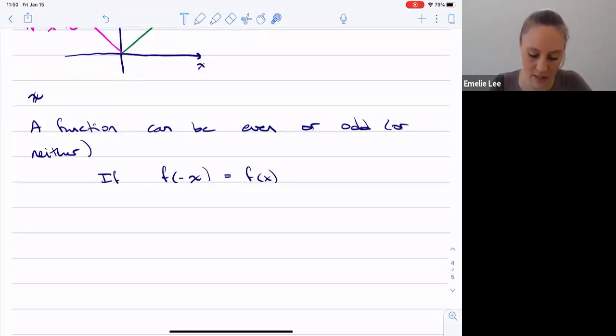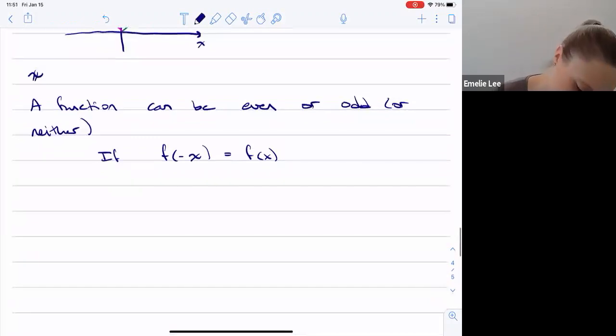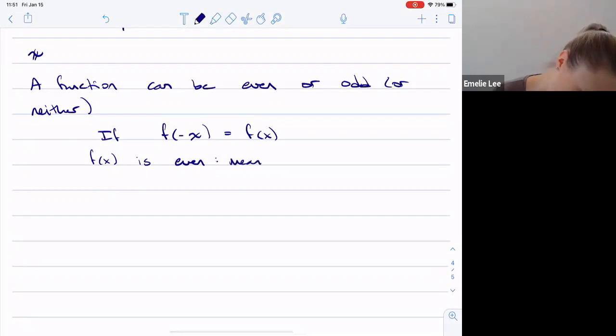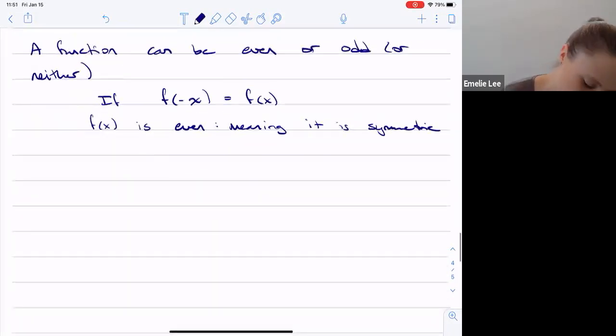Okay? What that means is the output for negative x is the same as for a positive x. That's only true if you're symmetric about the y-axis. So if f of negative x equals f of x, it is even, meaning it is symmetric about the y-axis.